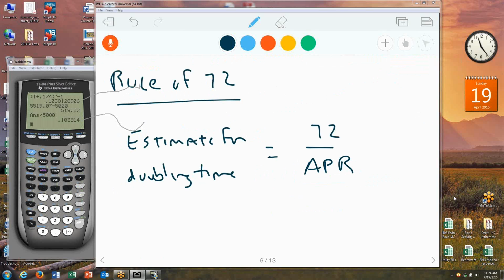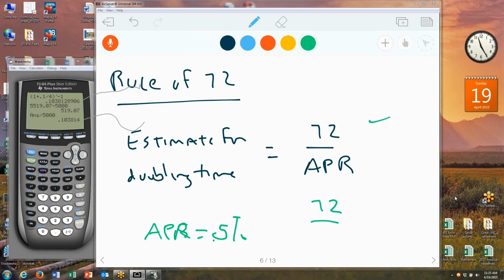Okay, definitely the last thing I want to talk about is the rule of 72. All it is, is an estimate for how long it takes something to double. I'm not going to get into the math behind it, because it's 72 divided by your APR. So if I have an APR of 5%, the amount of time it takes to double would be 72 divided by 5.